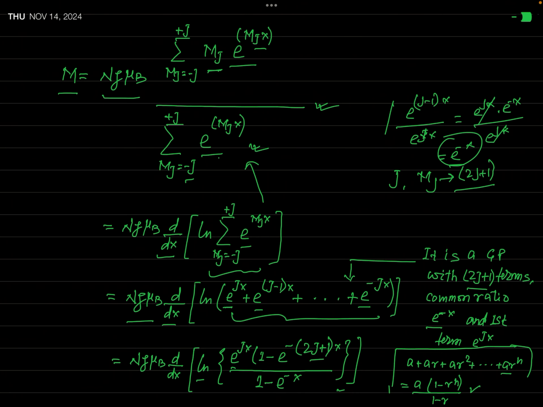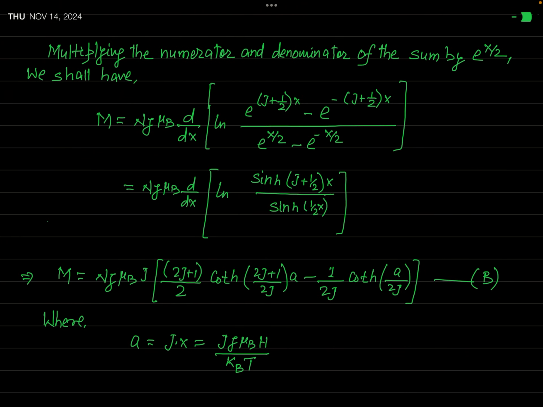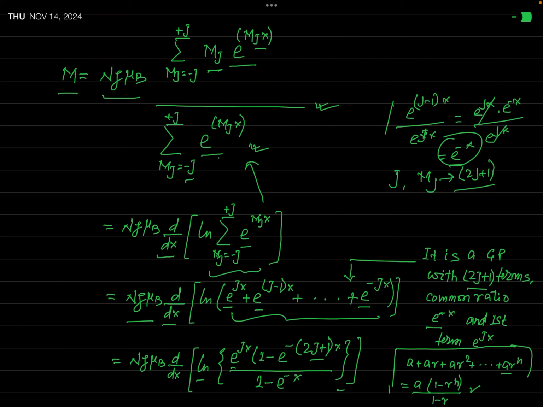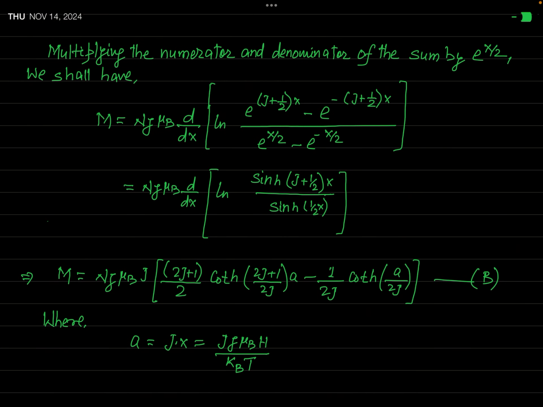Now, after getting this result, we will simplify it to some extent. For this, let us multiply the numerator and the denominator of this sum by a factor e to the power x over 2.